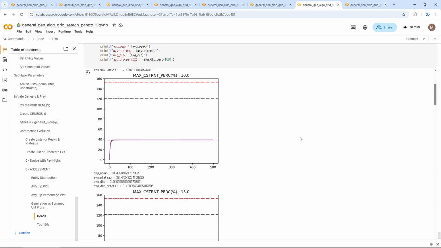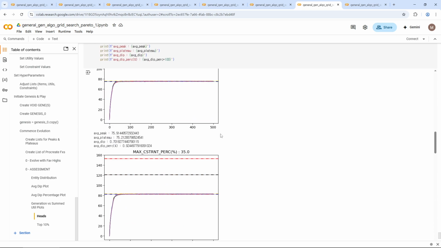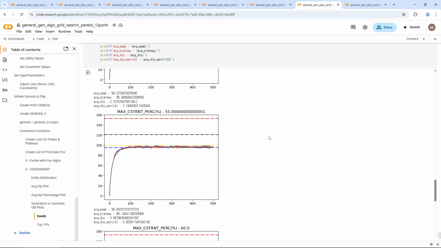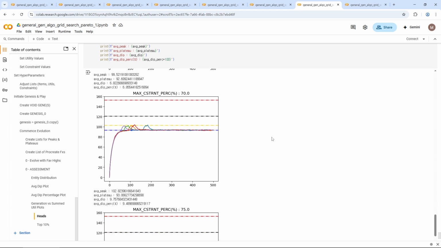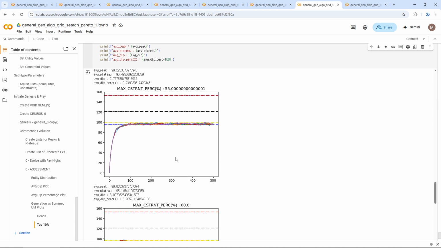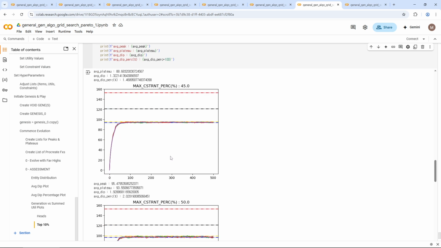So at 70 we go to 70. Max constraint percentage 70. The average dip percentage 9.48. But then the average plateau is still decreasing, isn't it? Yep.